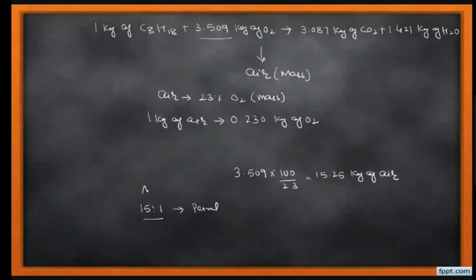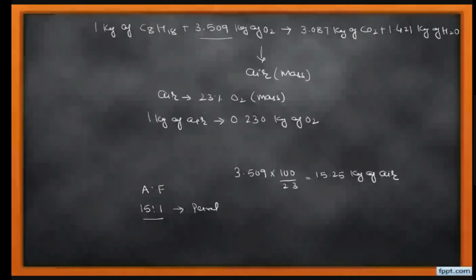And if you supply more amount of fuel, then it is called a rich mixture, and if your mixture has more air and less fuel, then it is called a lean mixture. So again, I want to write that there are types of mixture strength.